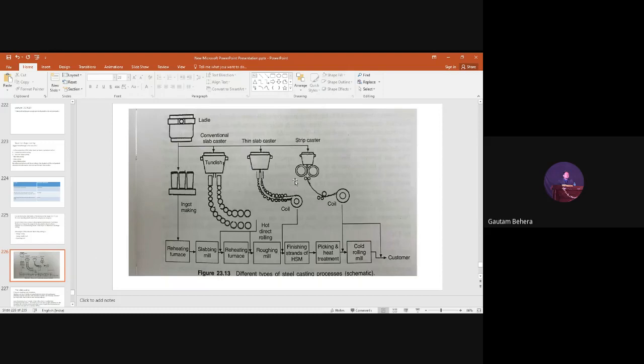Now this is a very good diagram taken from a textbook, Iron and Steel Making, by Ahindra Ghosh and Amit Chatterjee.